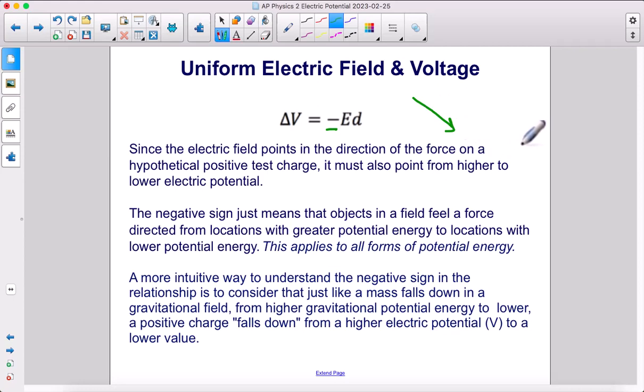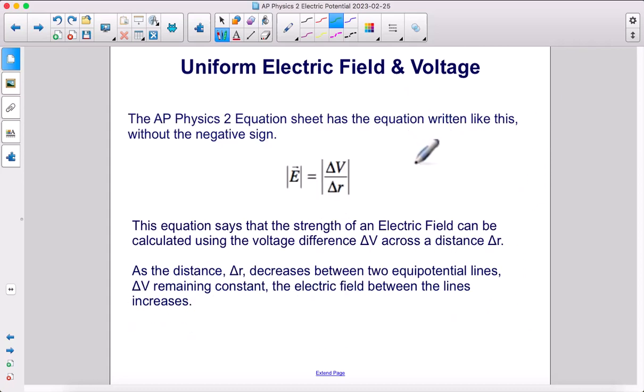A more intuitive way to understand the negative sign in the relationship is to consider that just like a mass falls down in a gravitational field from higher gravitational potential energy to lower, a positive charge falls down from a higher electric potential to a lower electric potential. The AP Physics 2 equation sheet has the equation written like this without the negative sign.